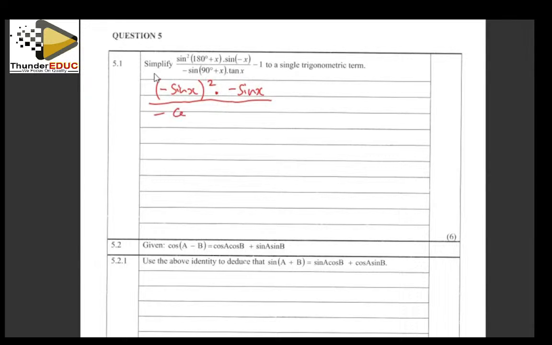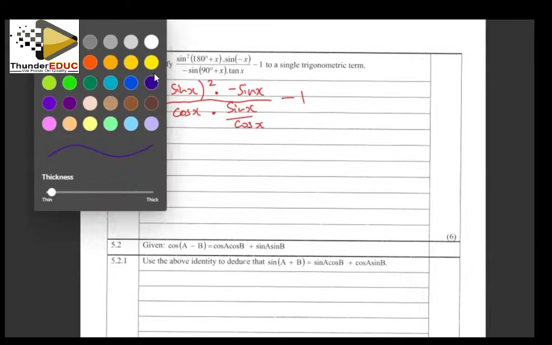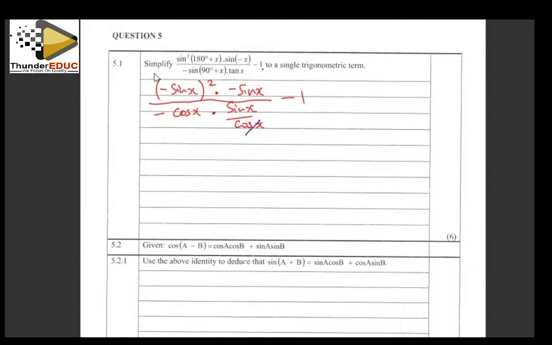These are complementary angles. And then I know that tan is the same as sine x over cos x. We are subtracting a 1. Okay. And then let's cancel what needs to be cancelled. So this cos can cancel that cos. This sine can cancel that sine. The negative and negative will give me positive. So this gives me sine squared x minus 1.